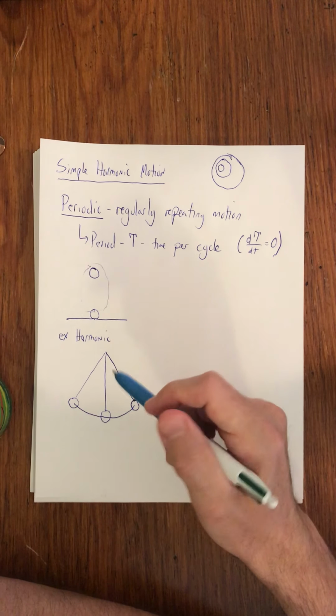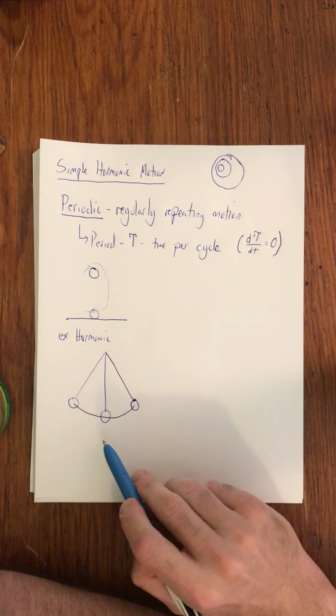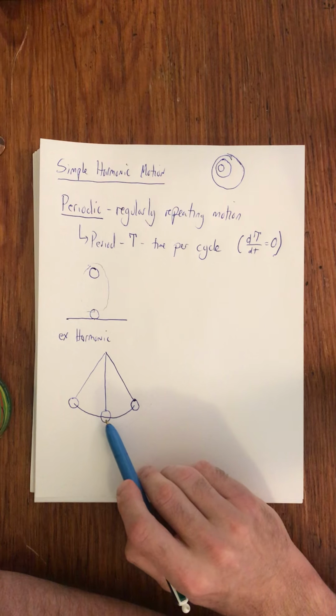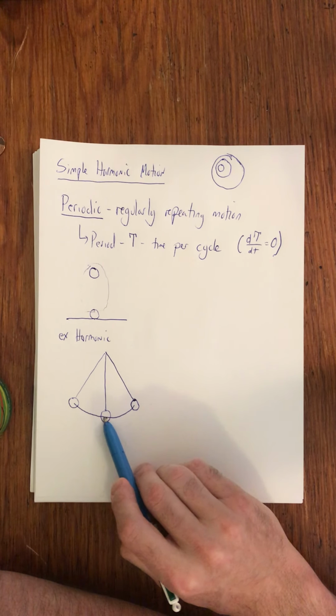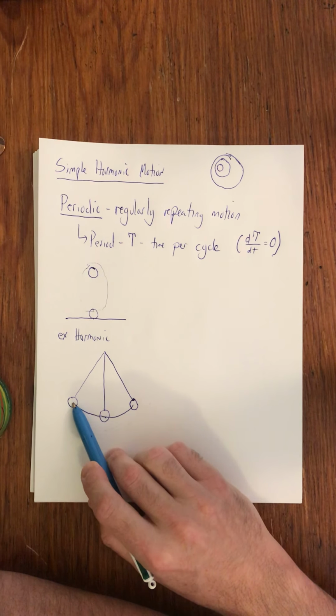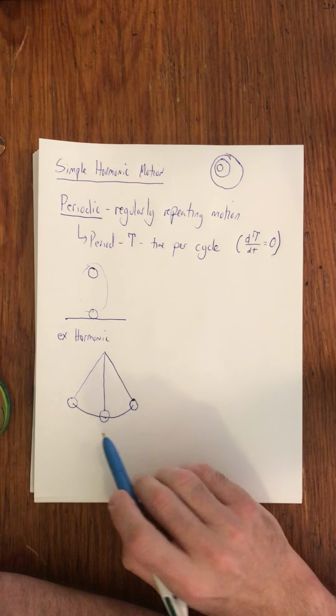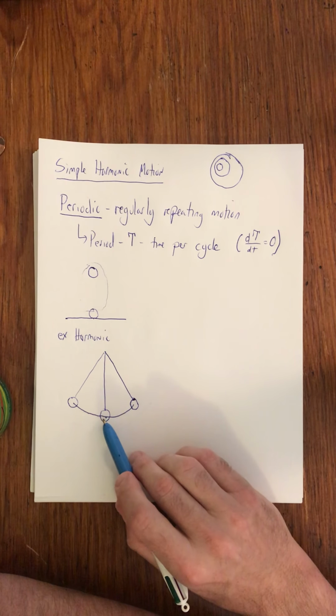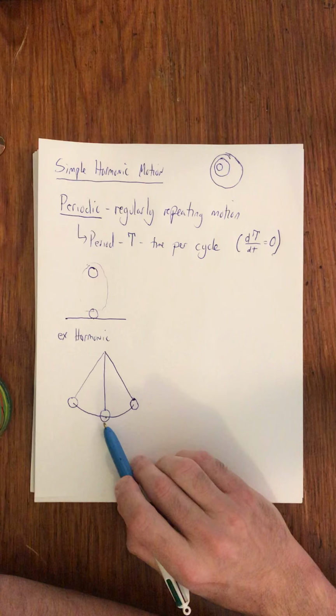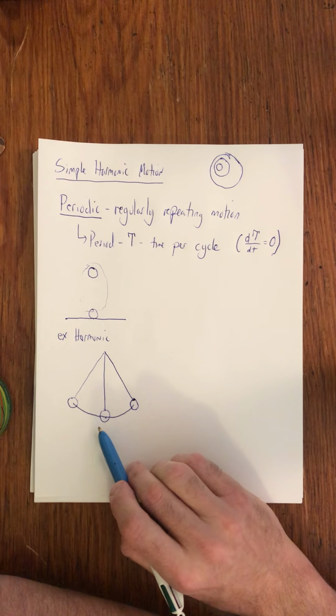So here, an interesting thing about the harmonic motion is, if I move this here, why does this object go back to this position? Oh, well, this point here is a stable equilibrium. It's a point of minimum potential energy.